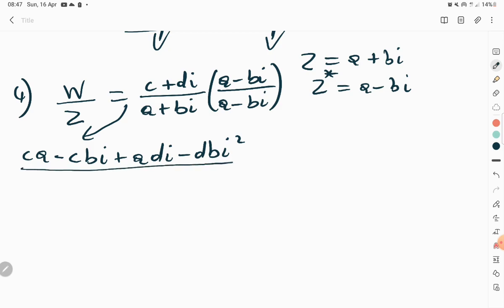Then the denominator is going to be, one can notice that this is just the difference of two squares, but in our complex numbers we say it's the sum of two squares. Let's just do it manually so that it makes sense. Then we have a squared, then minus abi, then plus abi, then minus b squared i squared.